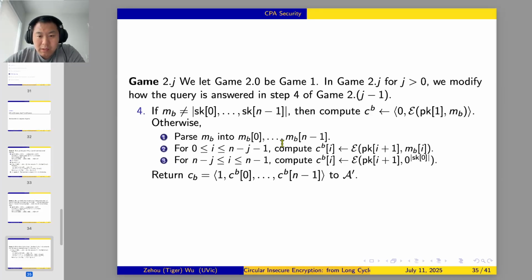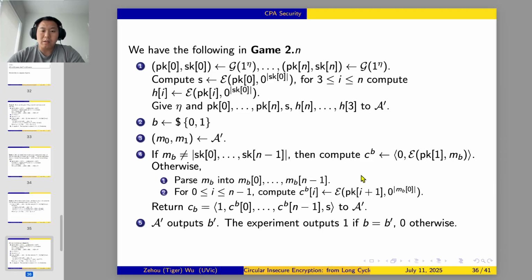So in game, say, j equals 1, the first change we make is, when we compute CBI, instead of encrypting the ith component of the message, we encrypt 0 instead. And in game 2, we replace n minus 2 and n minus 1 both with 0, and so on, until game n, where we would have the entire message encrypted to be just 0.